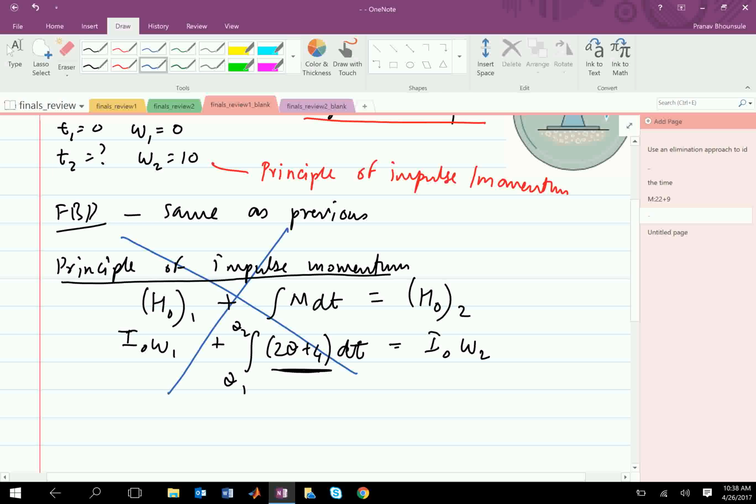It won't work. So I have actually put it in the exception. If you see that M is a function of theta, and you're told to find v as a function of time, and the external force is a function of theta, then you cannot apply impulse and momentum. You have to resort to the last option, which is the equations of motion.